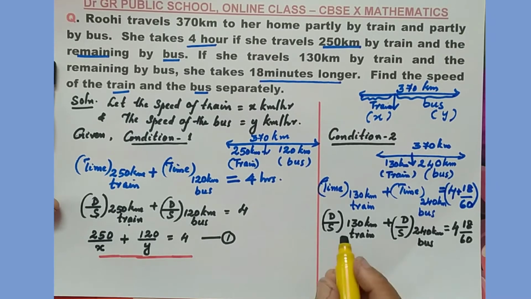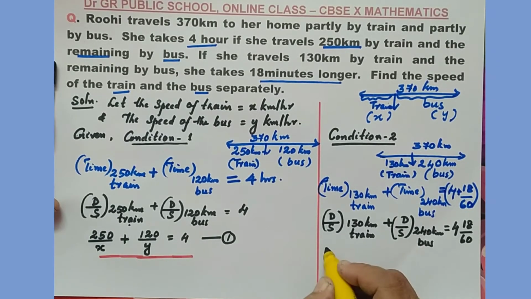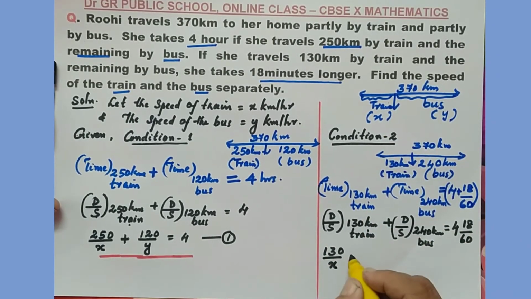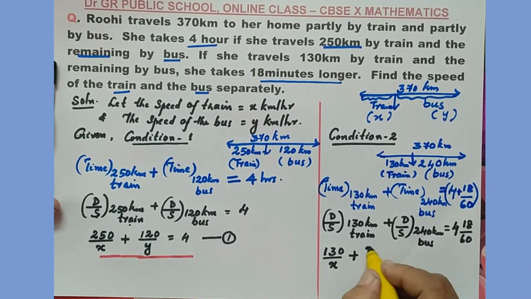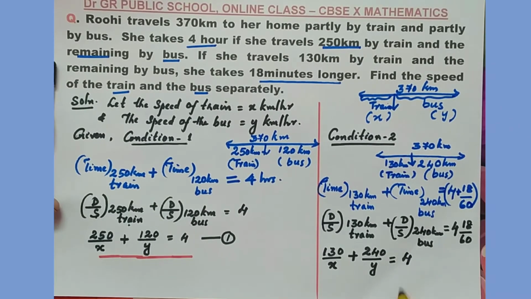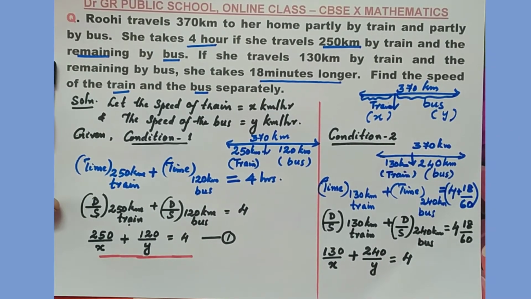Again I am going to substitute the values. Distance can be substituted as 130 by the speed of the train, x kilometers per hour, plus 240 by the speed of the bus, y, which is 4 and 18 by 60.